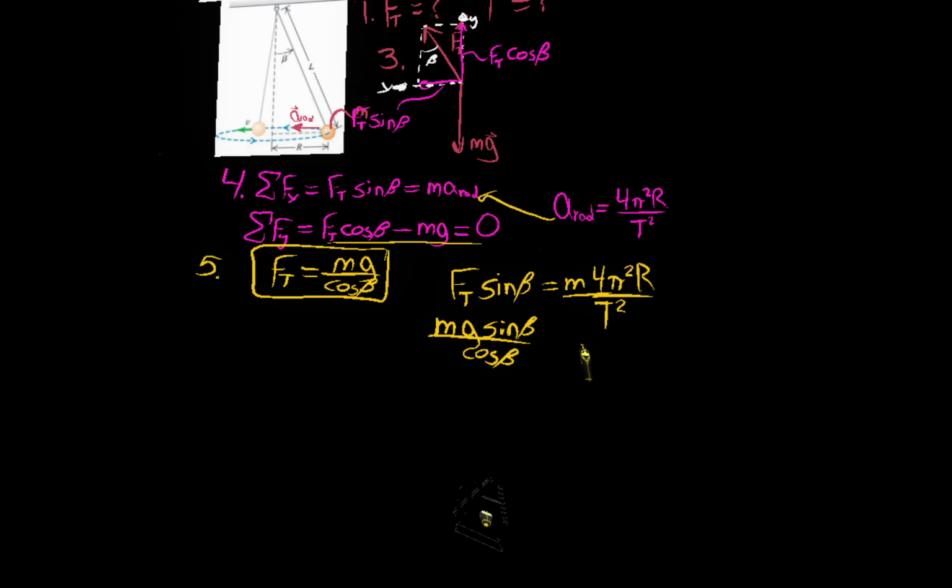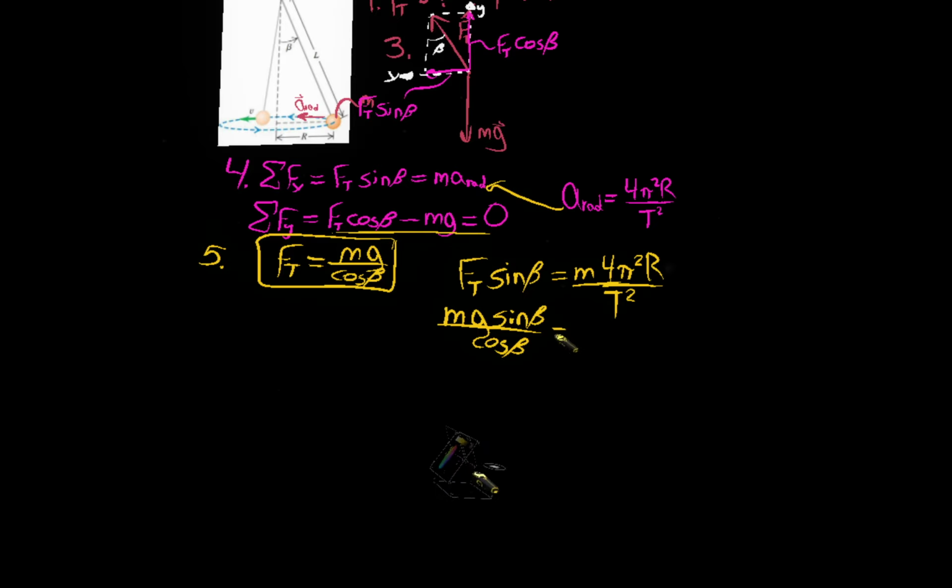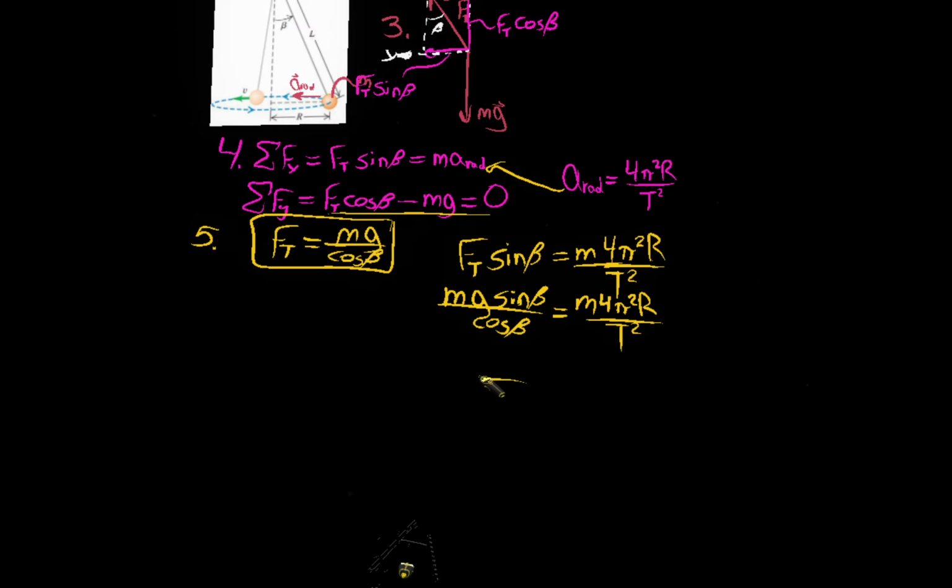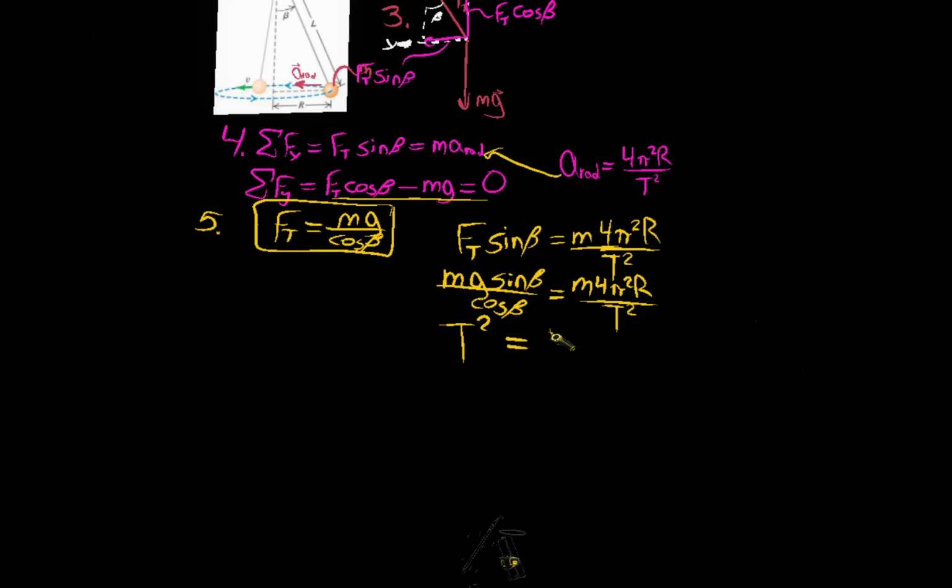And then this is equal to m 4 pi squared r over period squared. We're solving for that period, so I'm going to bring the period over to the left side. T squared is equal to, I'm going to bring everything else over on the right side. Well, we have the m's that cancel out here, right? M's cancel.